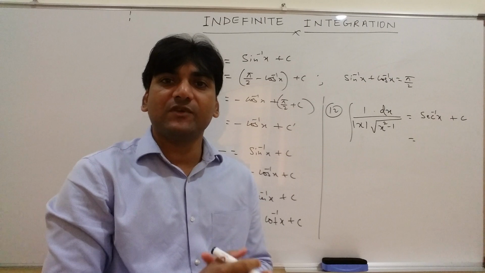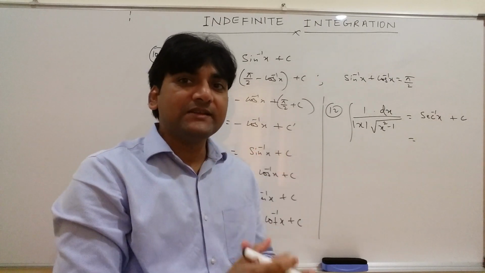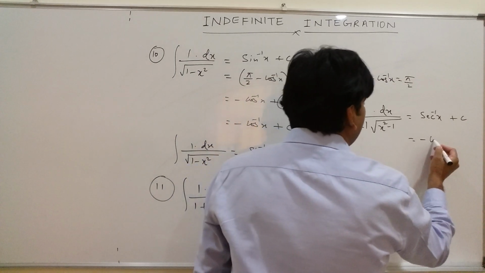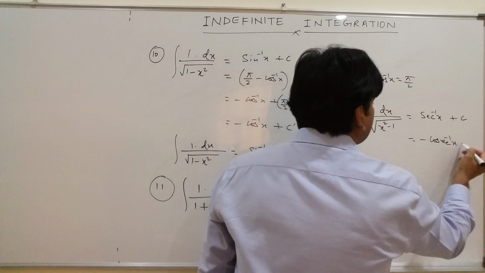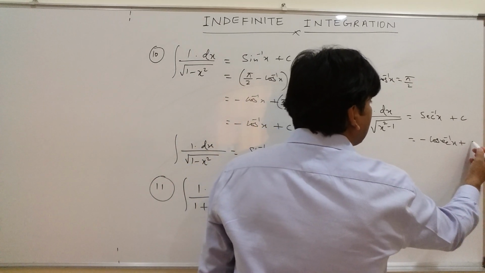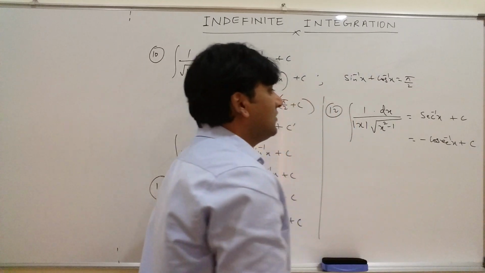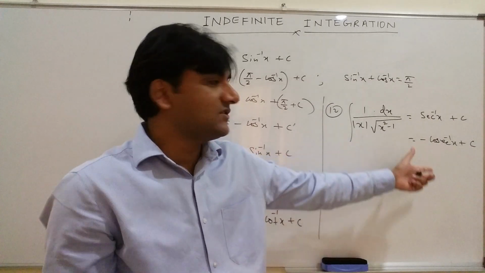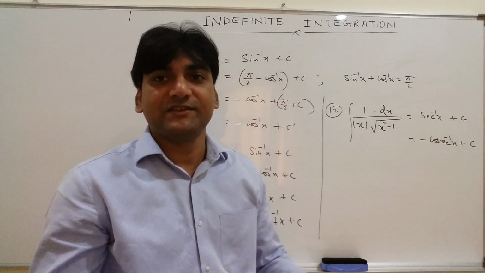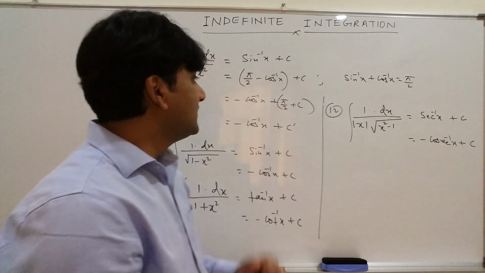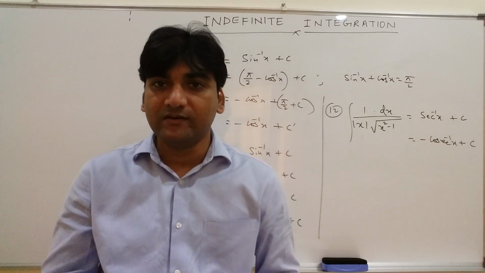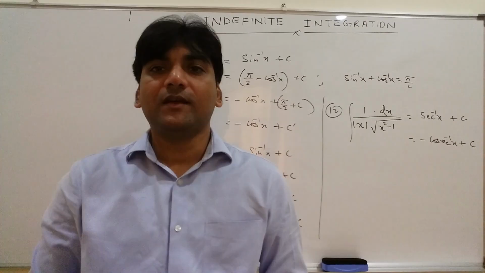So sec inverse x we can replace as minus cosec inverse x plus pi by 2. So it would be minus cosec inverse x, and pi by 2 plus c is again a new c. So 1 over mod x root x square minus 1 integrates to sec inverse x or minus cosec inverse x. So these 12 are basic formulas which you have to learn while doing integration.